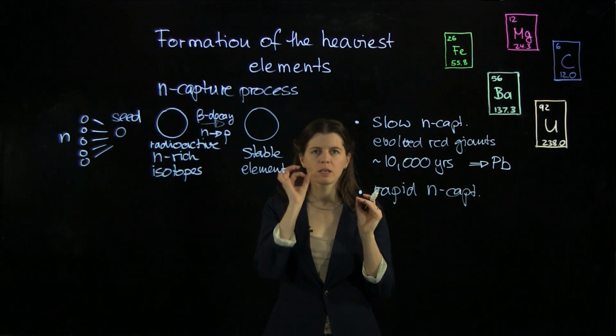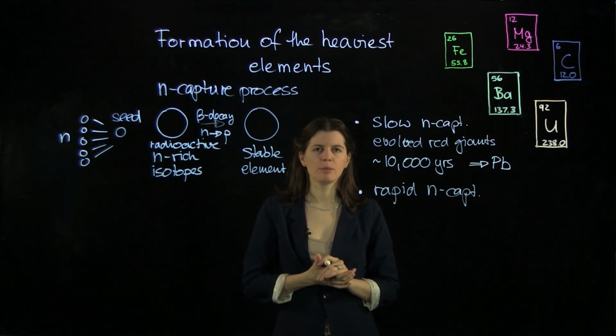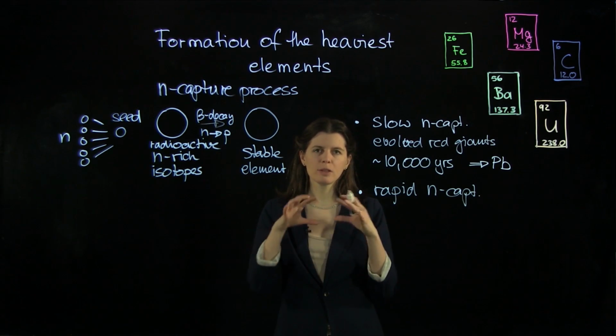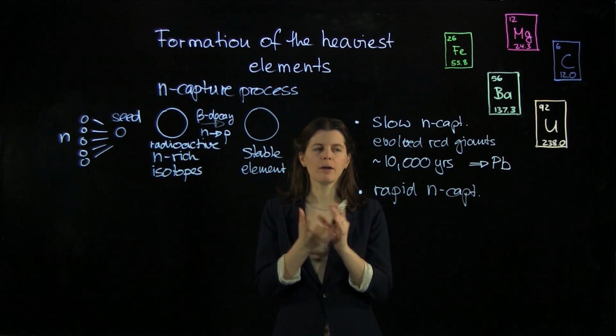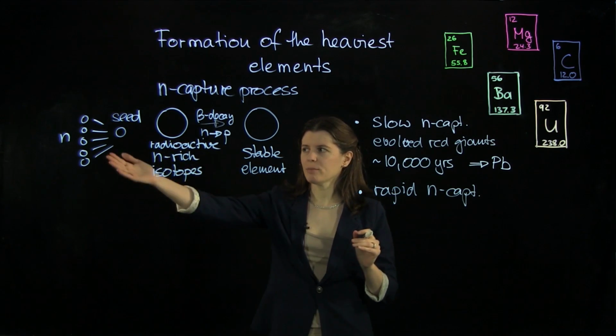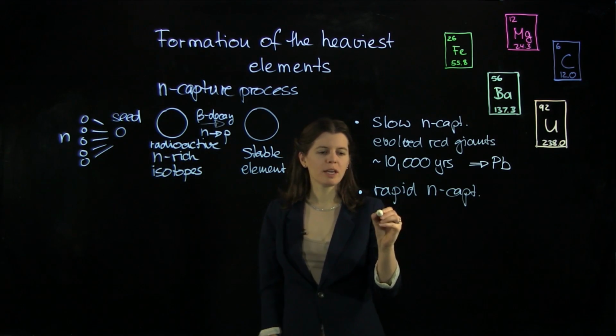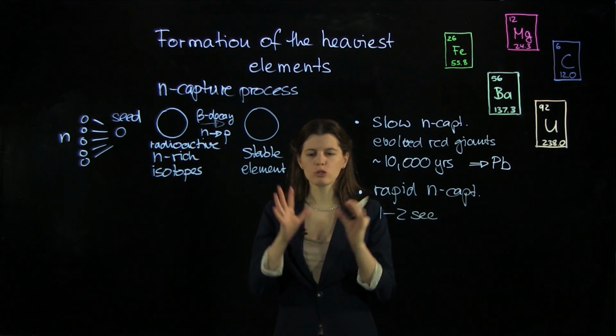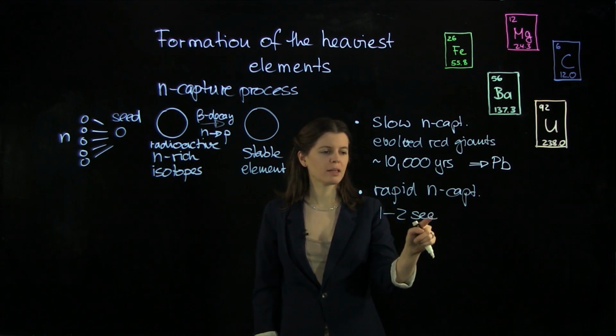So there's a really dense neutron star in the middle. That's a compact remnant left over after the supernova. And in the process of making this neutron star, there are, of course, lots of neutrons floating around. And they can provide this kind of flux operating on a 1 to 2 second time scale. So huge neutron bombardment within a few seconds.